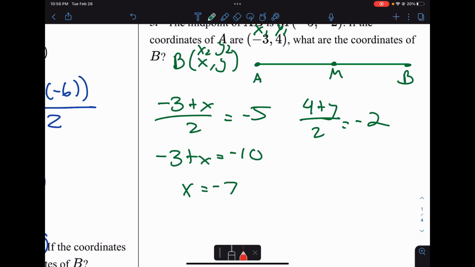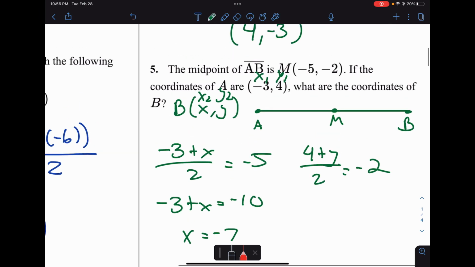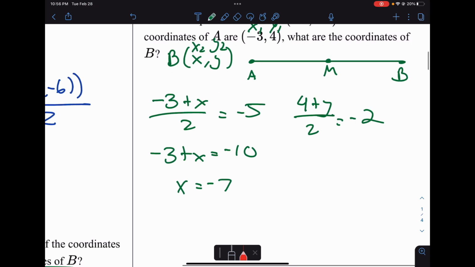Hold on. I did something wrong here. What did I do wrong? Let's see. -3 plus x divided by 2 equals -5. And then 4 plus y equals -2. Oh, we're good.